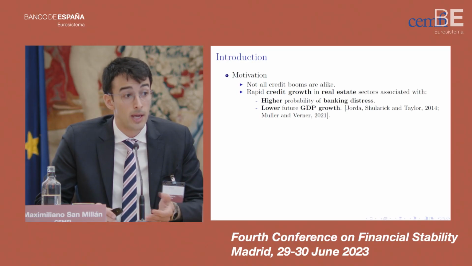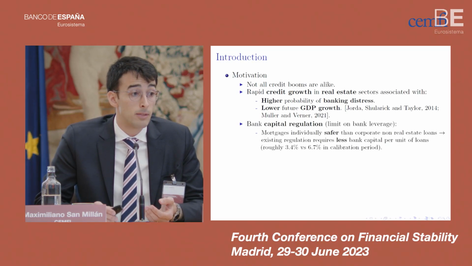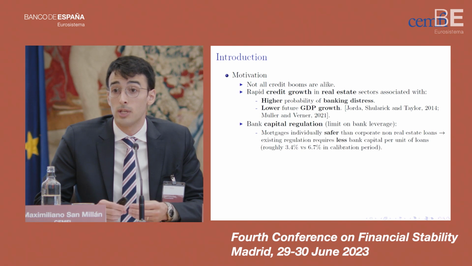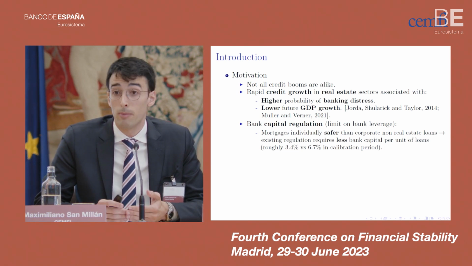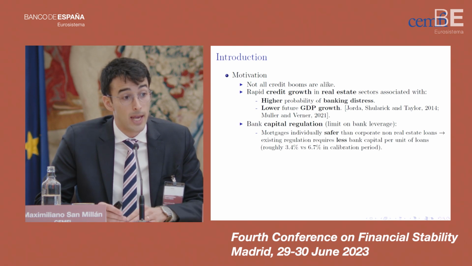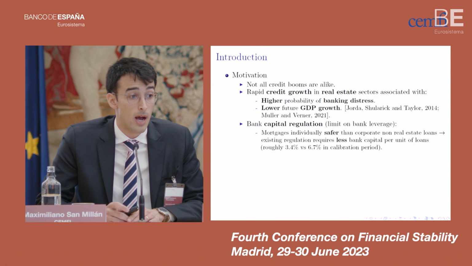Now, in spite of this fact, the design of our capital requirements is predominantly microprudential, and because mortgages tend to be individually safer than other exposures, we require banks to hold less capital against exposures in the real estate sector vis-a-vis other corporate exposures.